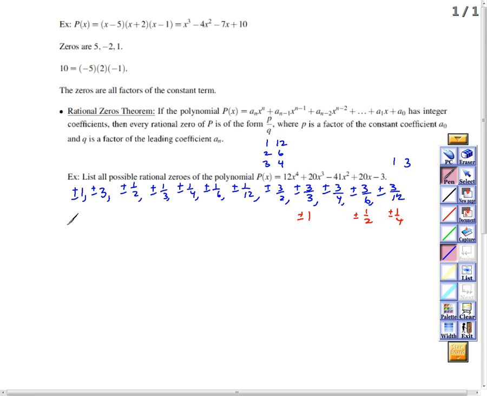So my possible rational zeros, I'm going to write them all out.